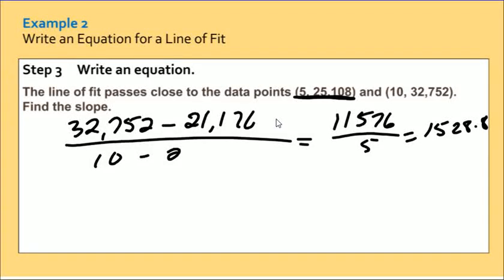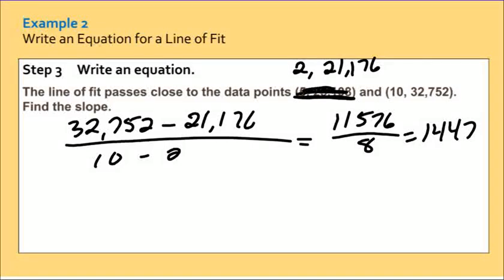And if I divide that by not 5, but 8, so 11,576 divided by 8 gives us a better number of 1,447. So we'll use that point. So we use 2 and then 21,176. So now we found the slope.